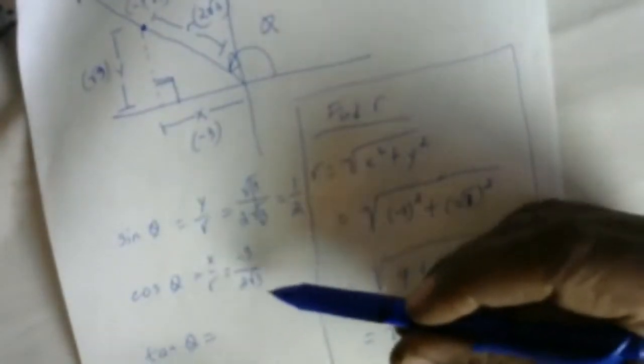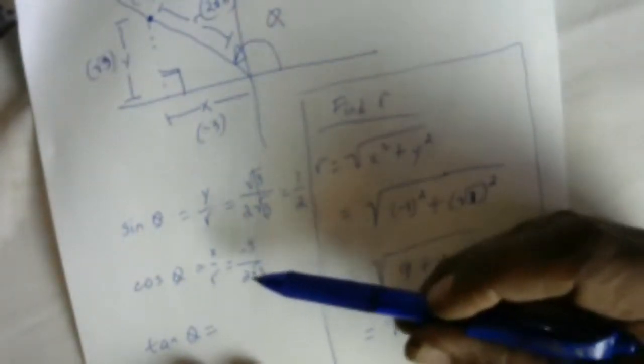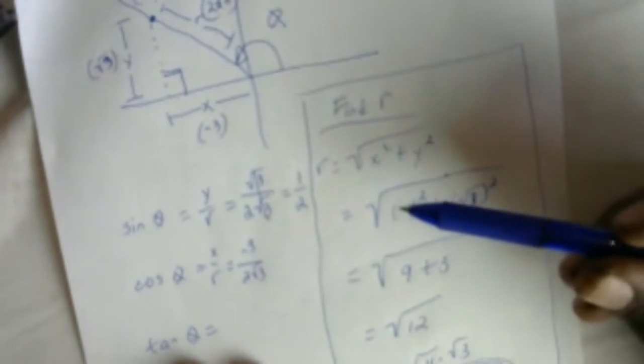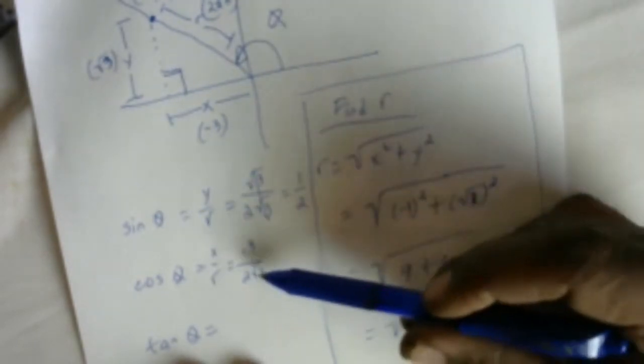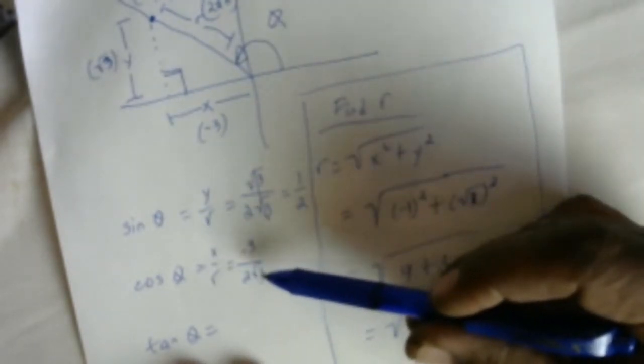Remember, we still have to follow the rules from algebra. We must simplify all radicals, and we must rationalize all denominators. In order to rationalize this denominator, I'm going to do that on another sheet of paper because I'm running out of room. The cosine of theta is equal to x over r.